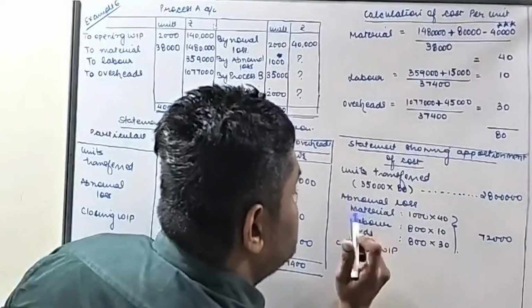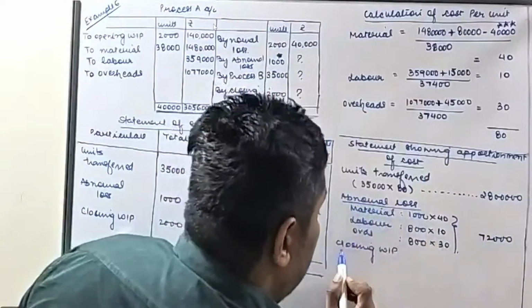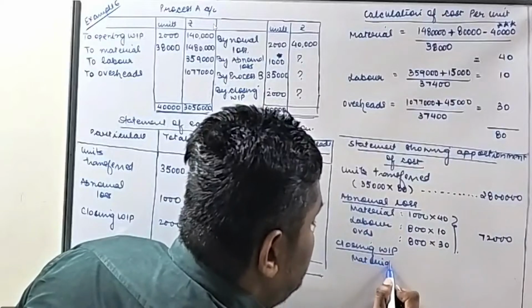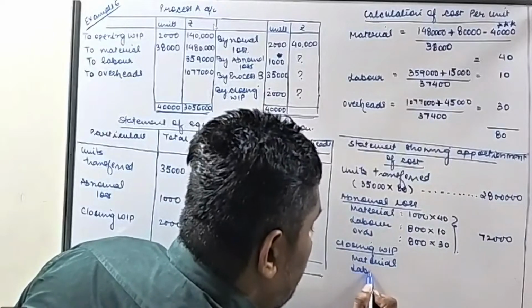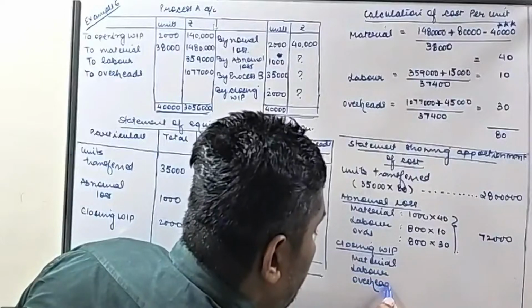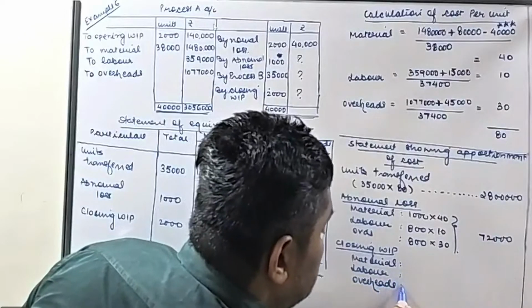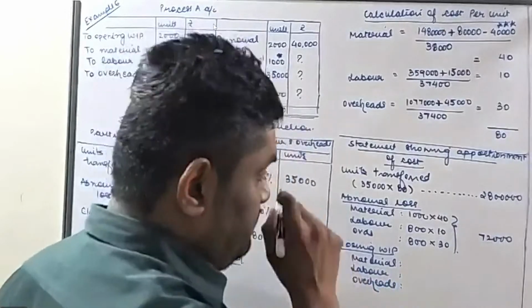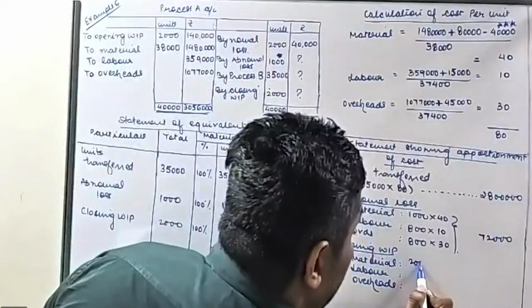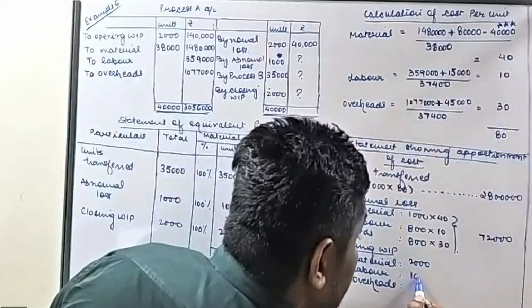Next is closing work in progress. Again, same: material, labor, and overhead. So this is 2,000, 1,600.